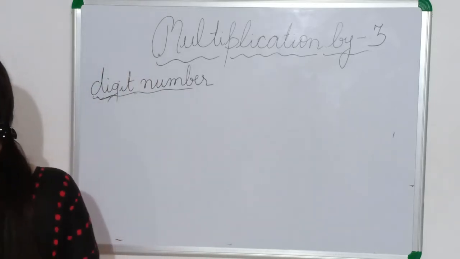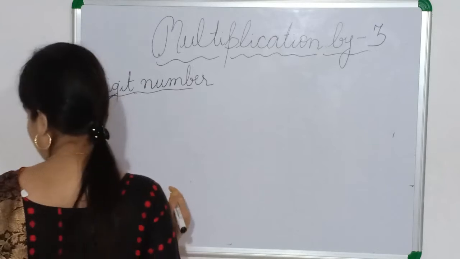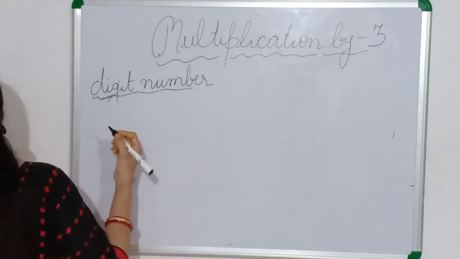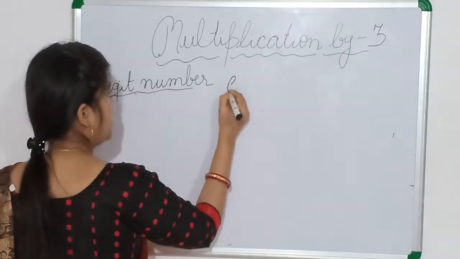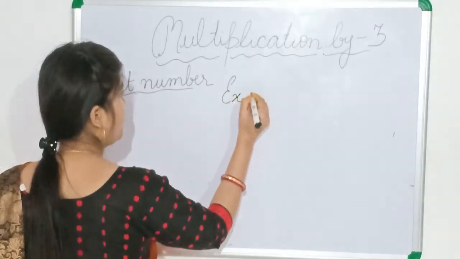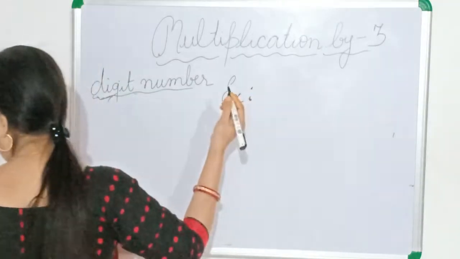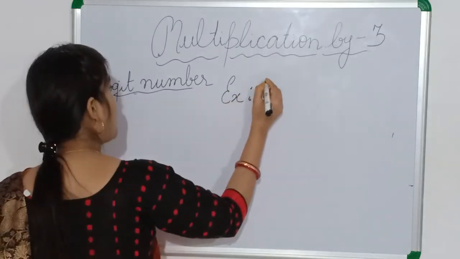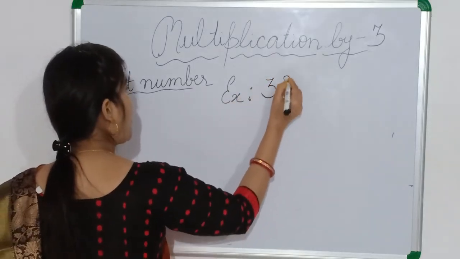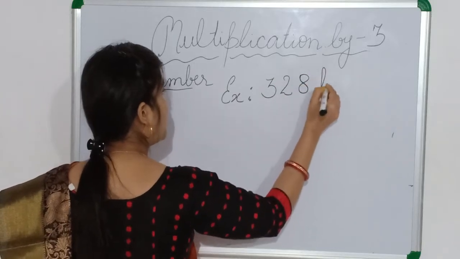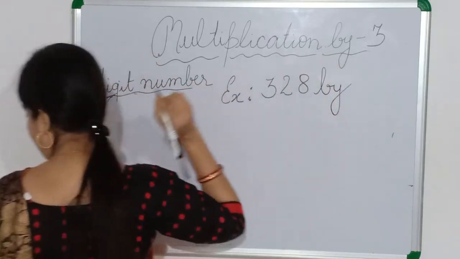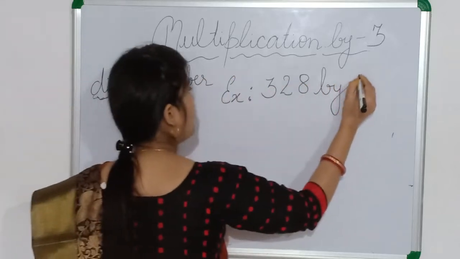So now multiplication by 3-digit number. Here I am taking one example. 328 by 152.